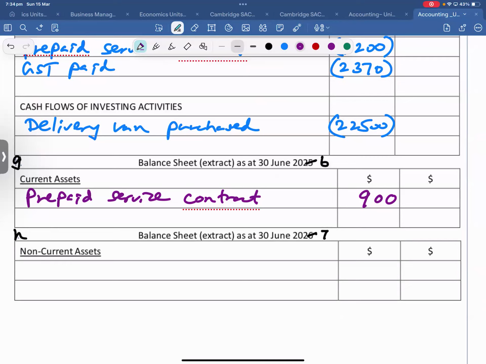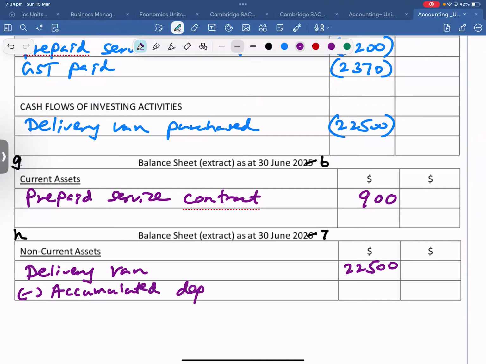Then non-current assets, what is it? Delivery van, yes. Delivery van, how much? 22,500. And then less accumulated depreciation.